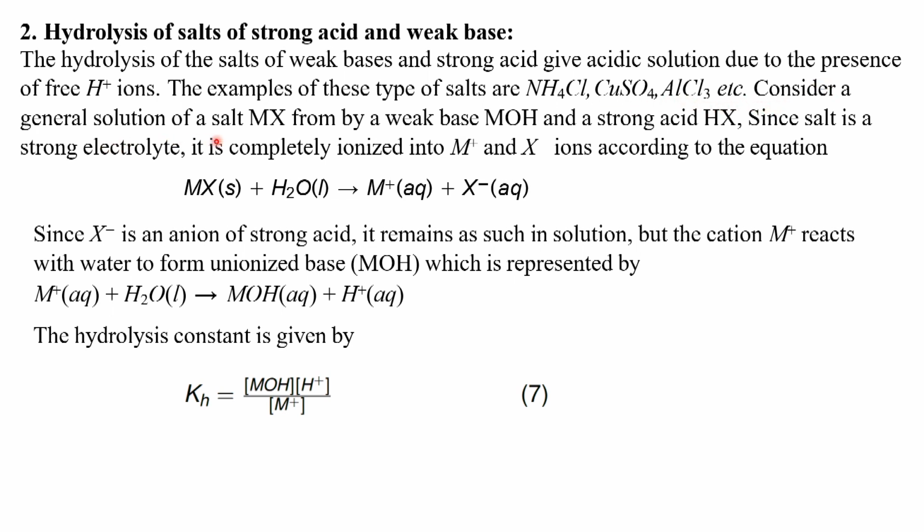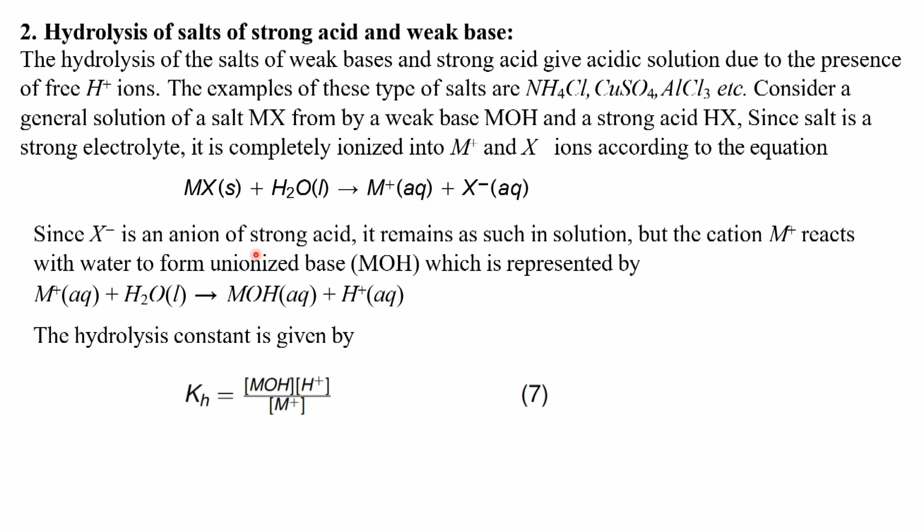Consider a general salt MX formed by a weak base MOH and a strong acid HX. So HX is the strong acid and the weak base is MOH. Since the salt is a strong electrolyte, it is completely ionized into M plus and X minus ions, according to the equation MX plus H2O gives M plus plus X minus.